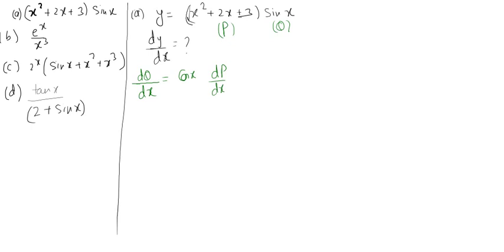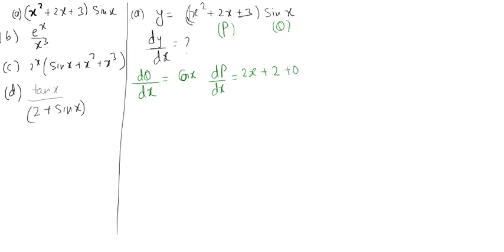now we have three terms here and all the terms are being added. So we will take the derivatives of the individual terms and add all the derivatives. Okay, so dp by dx: derivative of x squared is 2x, plus derivative of 2x is 2, and derivative of 3 is 0.